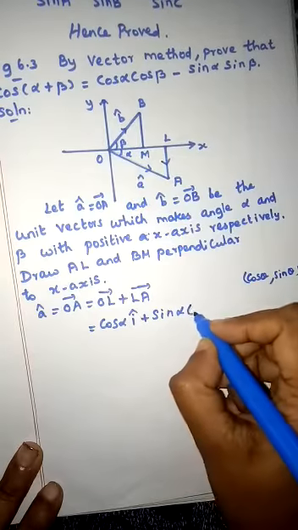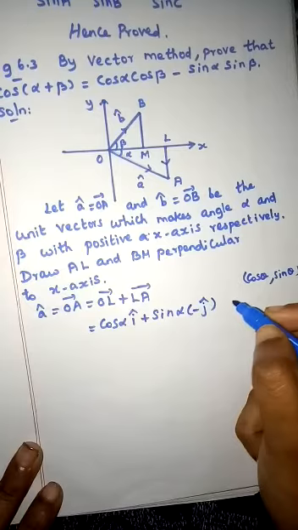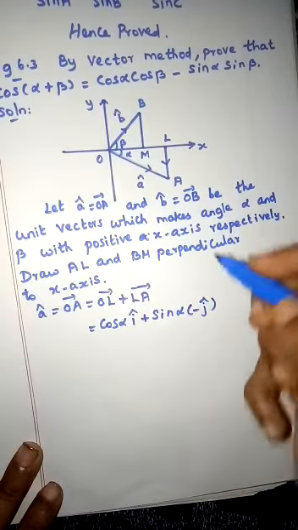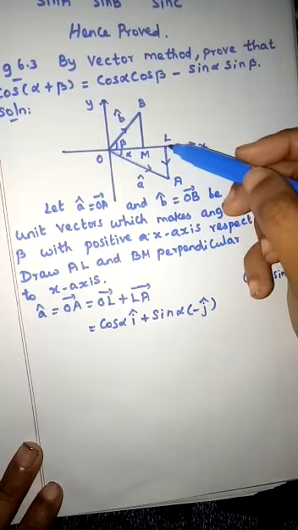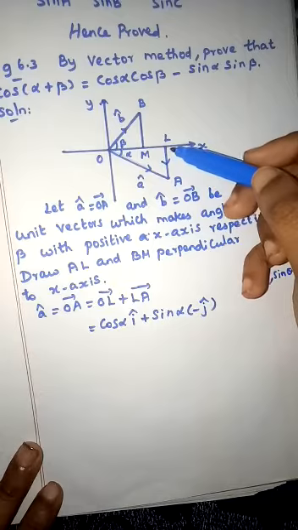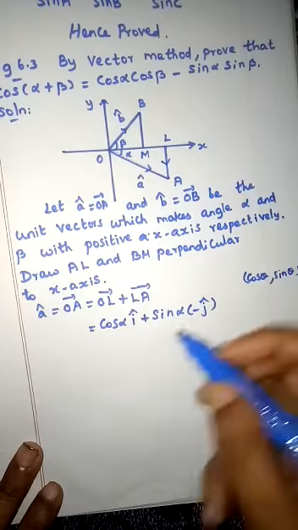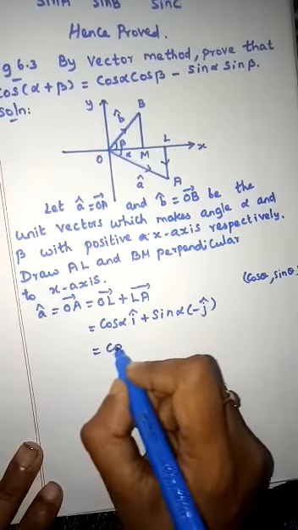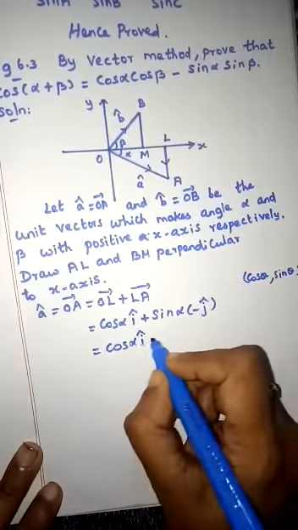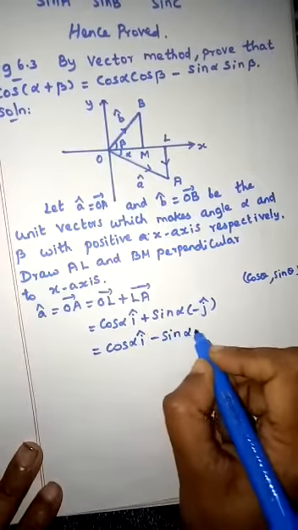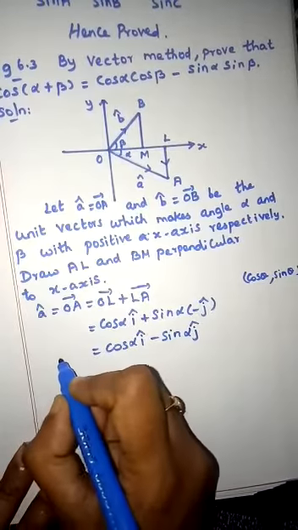So you have to put minus J cap, just to denote the direction. It is parallel to y-axis but on the negative side. So you can write it as cos alpha I cap minus sin alpha J cap. So this is our A cap.